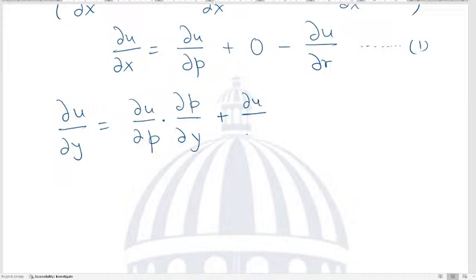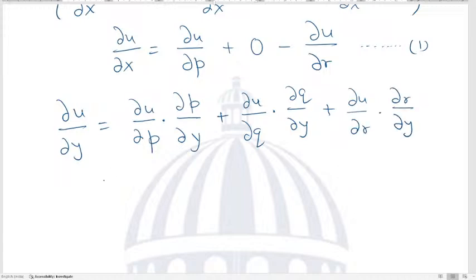We are differentiating the given function with respect to the new artificial variable, ∂u/∂q, multiplied by differentiating the new variable with respect to the variable in question, so ∂q/∂y. And the last one will be ∂u/∂r multiplied by ∂r/∂y.